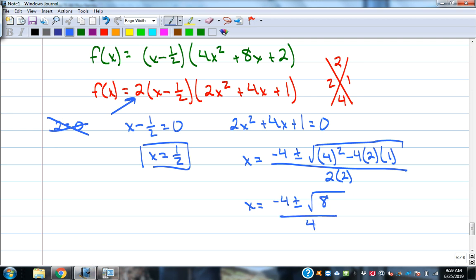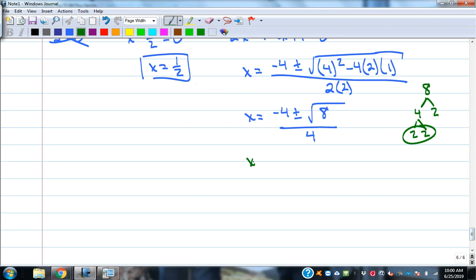And on the bottom, I've got 4. So I've got to simplify that 8 under the radical. I didn't have to do that on the previous problem because it was a prime number, and I knew I didn't have to do that. So 4 and 2, 2 and 2. Got a pair of 2's. So that's going to give me x equals negative 4 plus or minus 2 square root of 2 over 4.